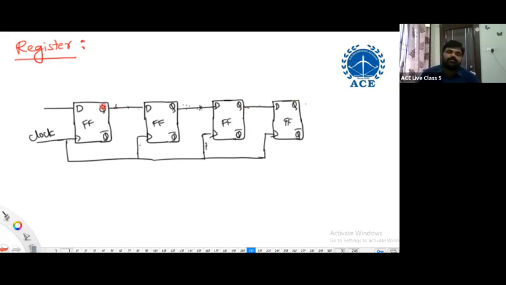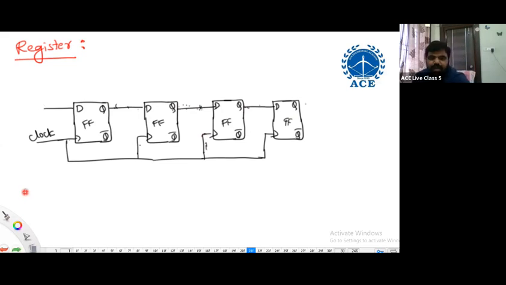So what about the first flip-flop? Whatever data we are supplying externally, at every clock cycle we are supplying 1 bit. That will be the first flip-flop output. What about remaining flip-flops? Whatever was here will be shifted at every clock cycle.